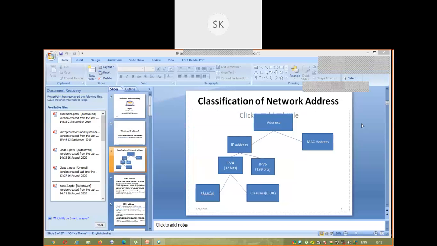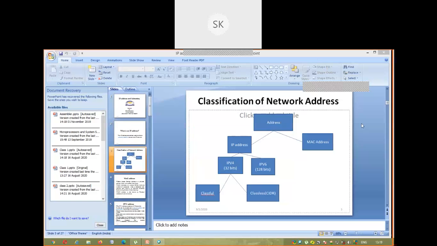IP address is provided by network layer and MAC address is provided by data link layer. Data link layer has two sublayers, you remember, MAC layer and LLC. The duty of MAC layer is to provide MAC address, also known as physical address, or sometimes hardware address. Same thing, same name: physical address, MAC address, hardware address.